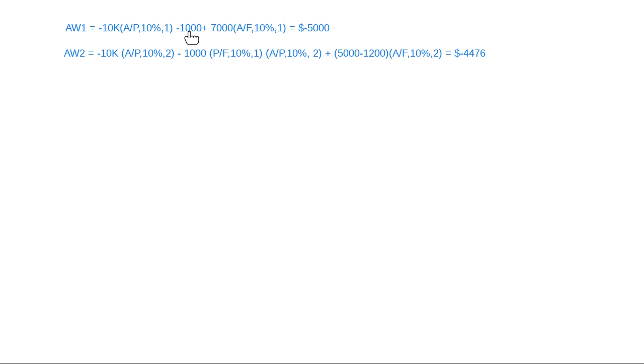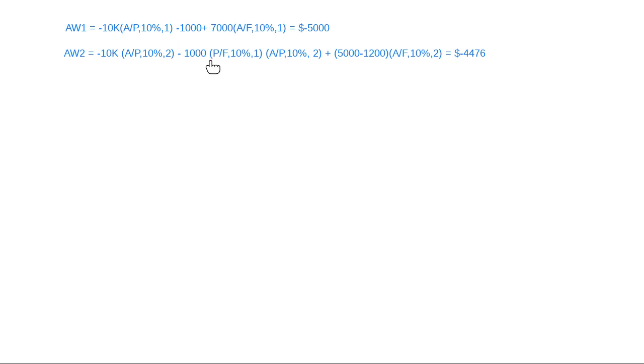But now we have a study for 2 years, and the cost is different for every year. It is an operating cost yearly, but not an annual constant amount for all the years. Each year has a different value. So when we calculate the annual worth for year 2, we have to consider that the operating cost in year 1 is not annual.